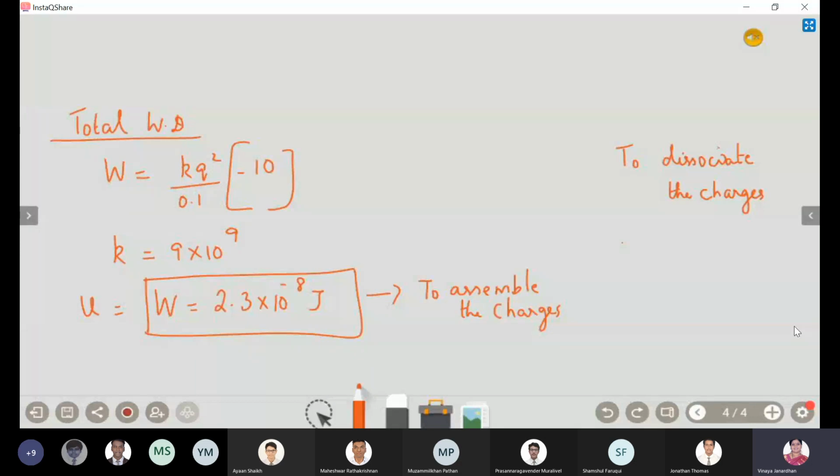I'm just taking Q squared outside, and minus 10 is this, right? So you should put the minus in the statement. To dissociate the charges, what is the energy required? The energy required will be positive, since that is negative, this will be plus 2.3.